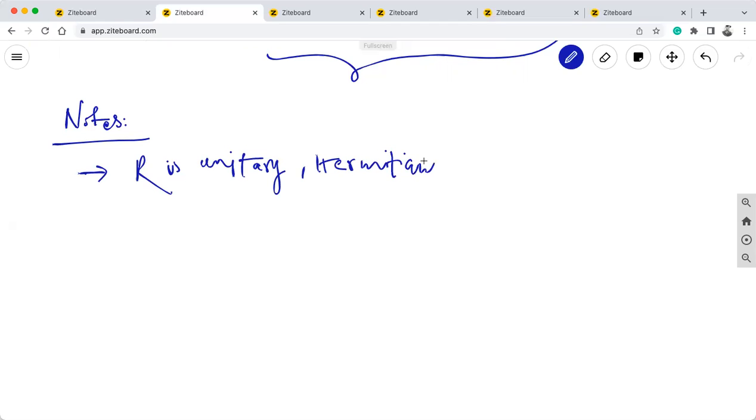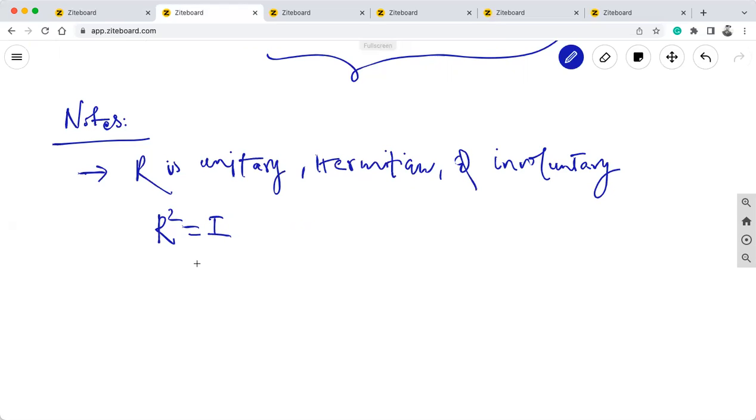This reflection matrix R is unitary, it's a Hermitian matrix, and involutory. That's very important. Involutory means R squared is equal to I.